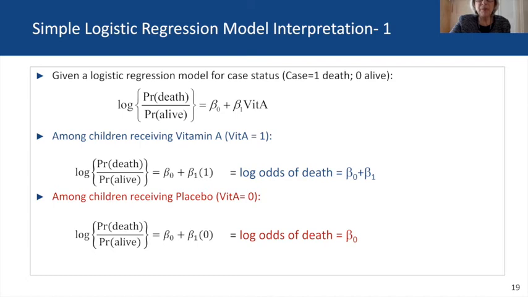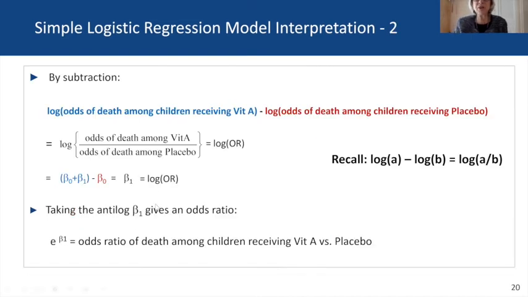Let's keep that in mind and go to the next slide to say we can actually subtract these two log odds. We'll recall that there is a property of logarithms in which the difference between two logs, say log A minus log B, is equal to the log of the ratio, so the log of A divided by B.